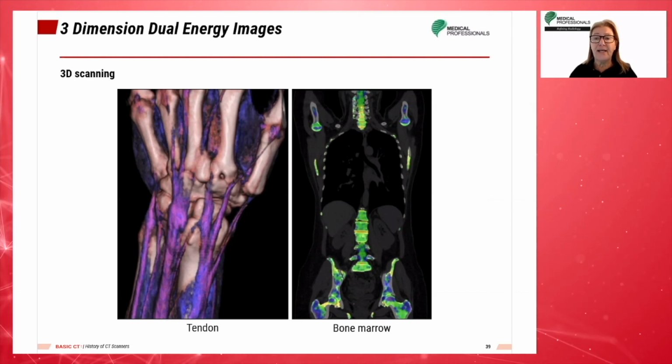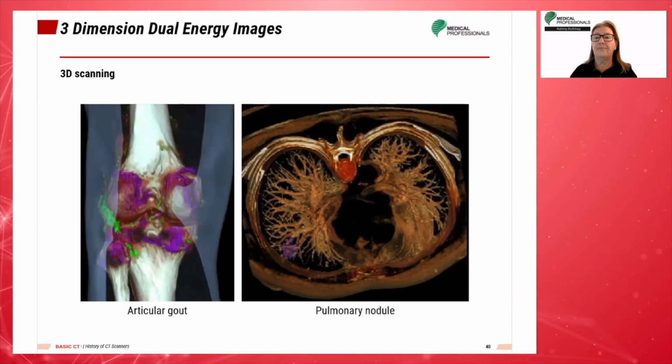Notice how detailed the tendon and the bone marrow are. These are additional examples highlighting articular gout as well as a pulmonary nodule, also using dual energy technology.